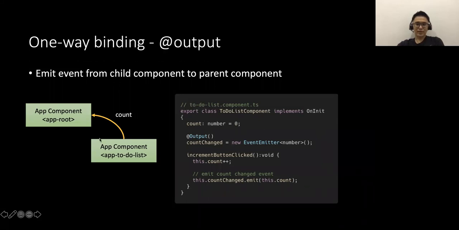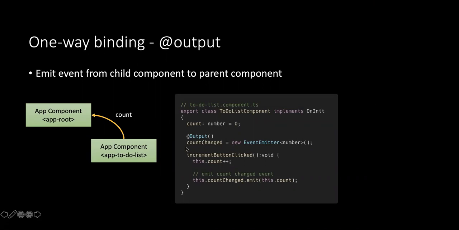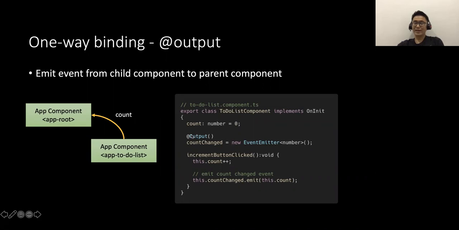First of all, in this child component, we need to create a decorator called Output. Then we have a bracket here. The output will be an event. It is not sending a value to a parent, but it will trigger an event.